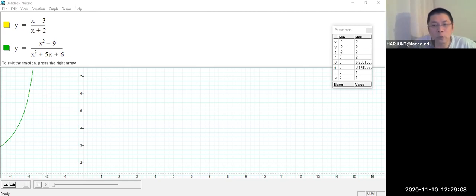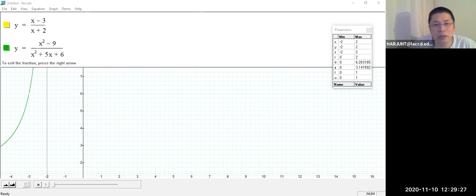Okay, so if we look back here, you will see that they are different, but only at one point, only at x equals -3.